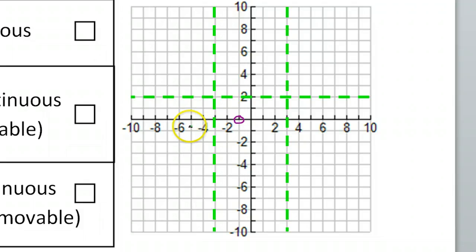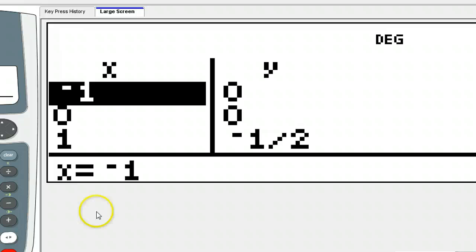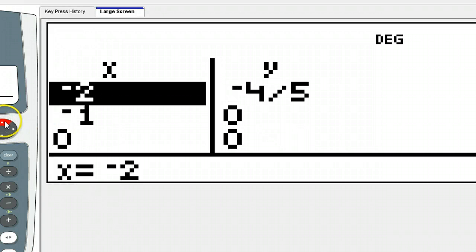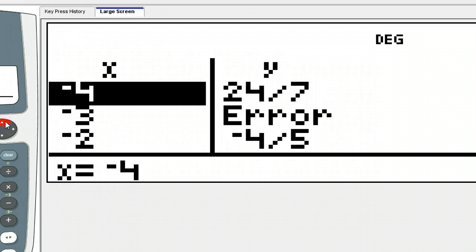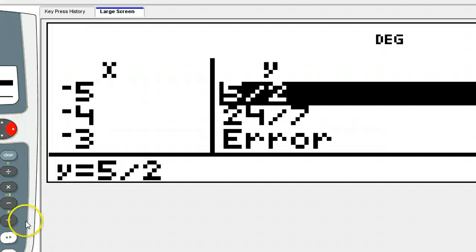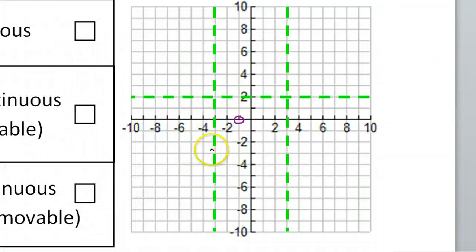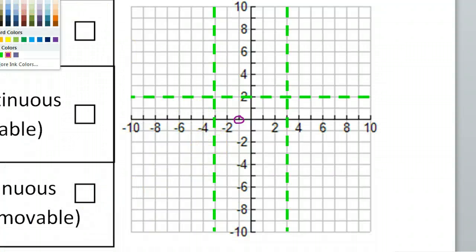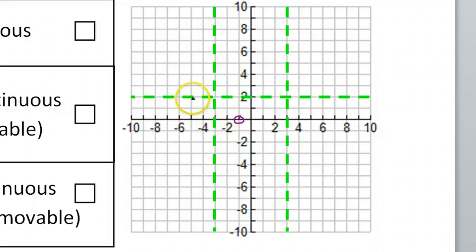So let's start with negative 5 and go from there. It's already in my calculator, so I'm just going to go to negative 5. At negative 5, that's 2.5.